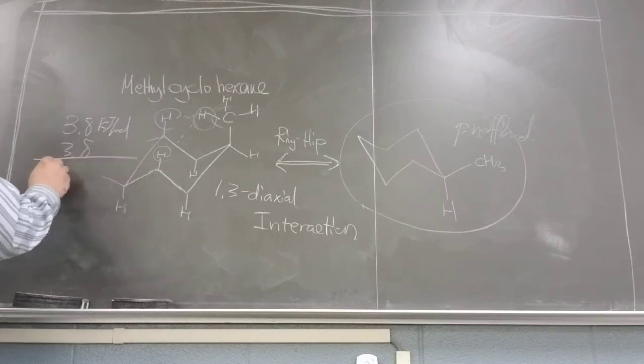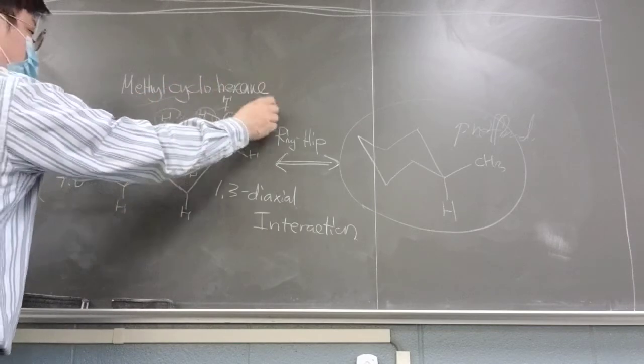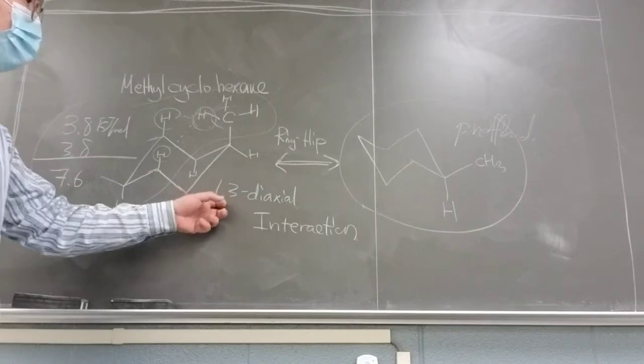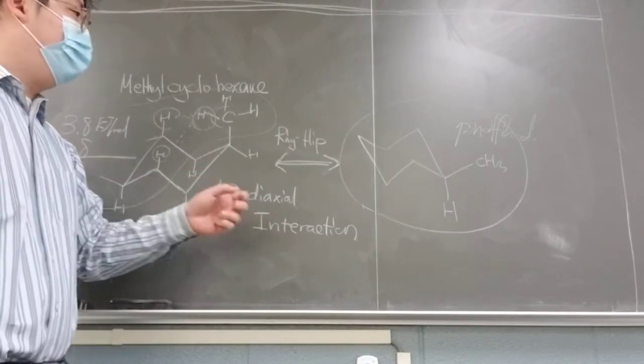So in total, they have about 7.6 kilojoules per mole of discomfort in energy units. We call this 1,3 diaxial interaction.